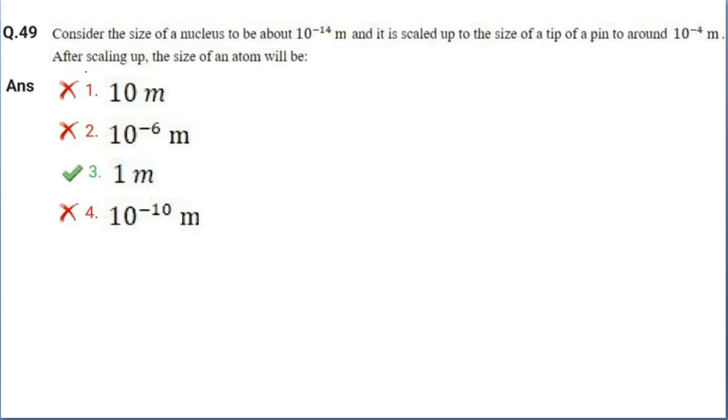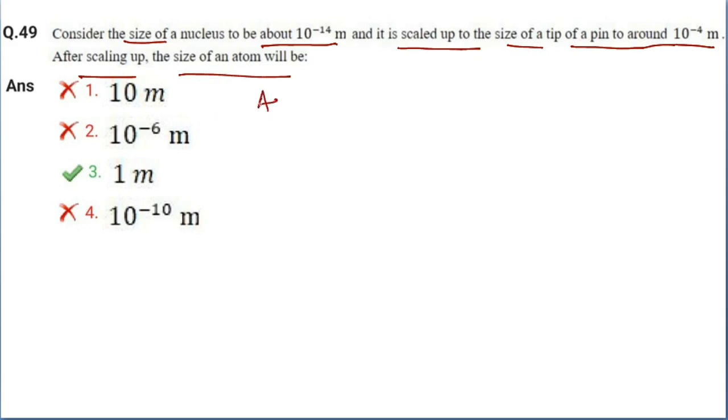Question number 49. Consider the size of a nucleus to be about 10 to the power minus 14 meter, and it is scaled up to the size of a tip of a pin, around 10 to the power minus 4 meter. After scaling up, the size of an atom will be? So what is given? The size of a nucleus is about 10 to the power minus 14 meter.